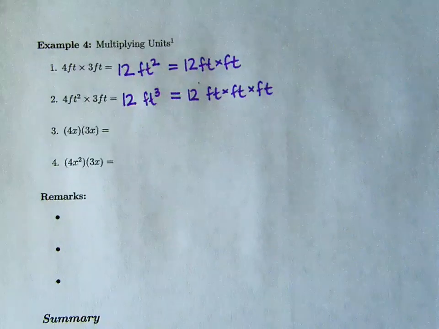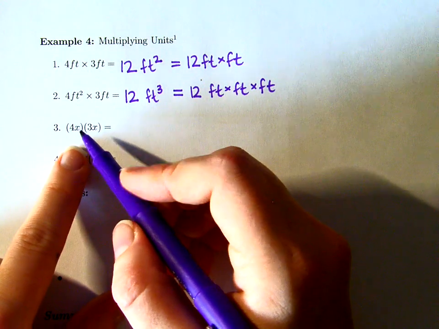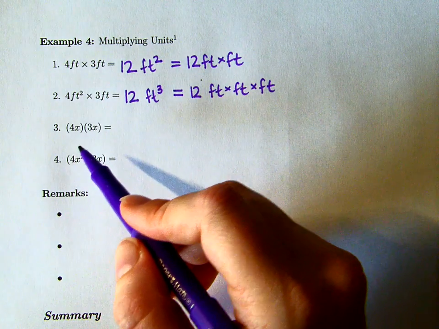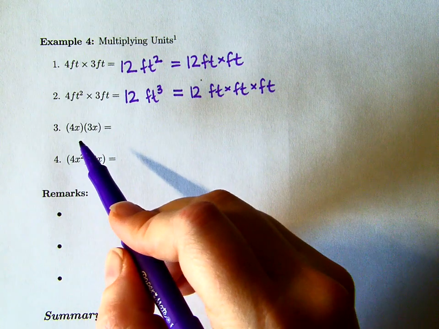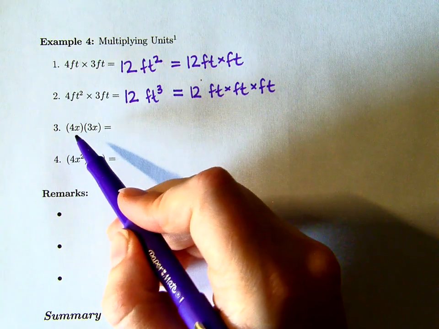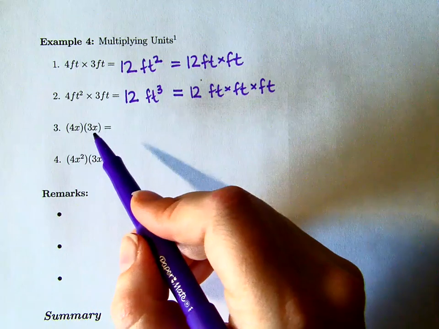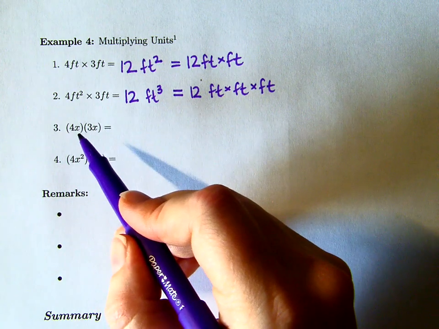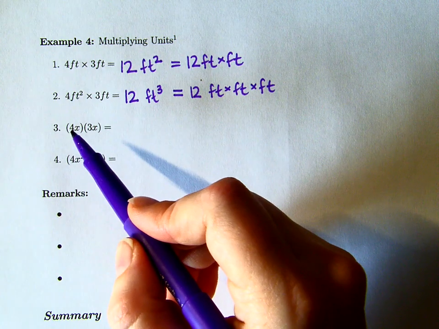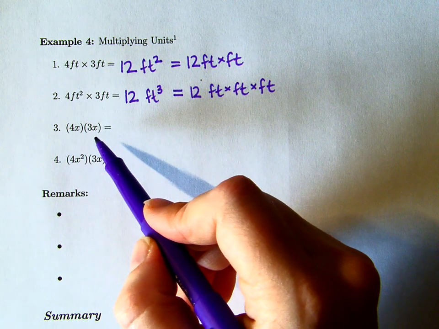So now we look at this where it's very abstract and vague, and then remind ourselves that X could represent units or X could represent a numerical value. But even if it's the same numerical value here, we're multiplying them, and something like if X represented 2, this would actually be 4 times 2 times 3 times 2.